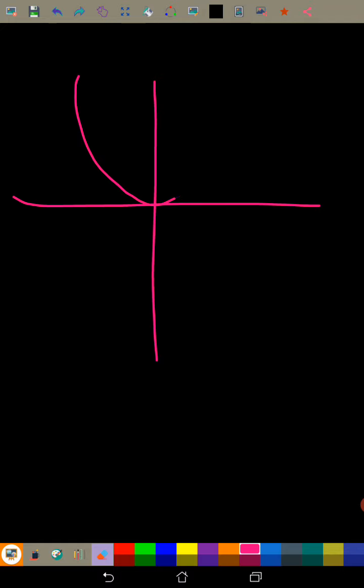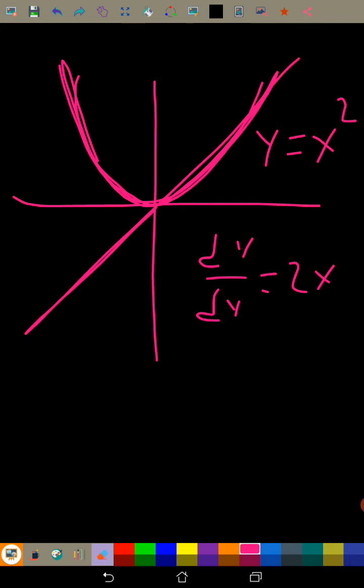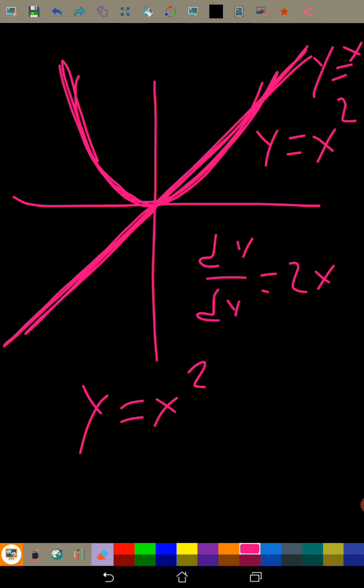We have a function, for example, y is equal to x squared, and this is the curve of it. What we know is that if we want to find dy by dx, the derivative, we'll have 2x. So 2x should look like this. We know that this is y is equal to x, so it should be a line like this. The last time I said that the range for the function is positive from x less than 0 and x greater than 0.